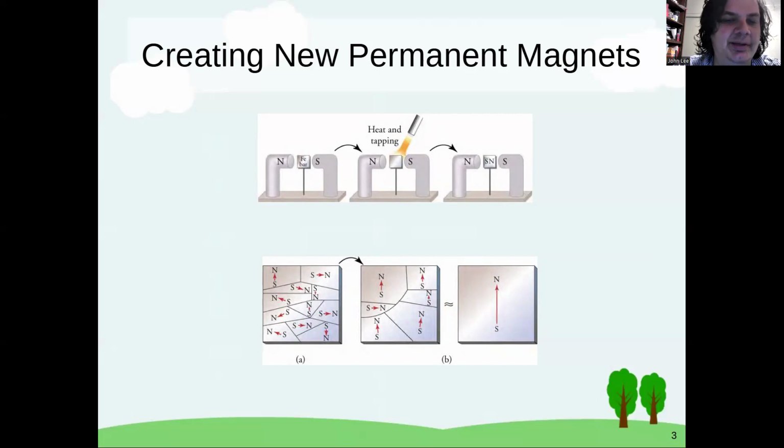As you heat it up and start tapping it, the domains, the little magnets inside of the iron bar, are going to align with the magnetic field outside until they become one big magnet, and all of the magnets are pointing in the same direction.